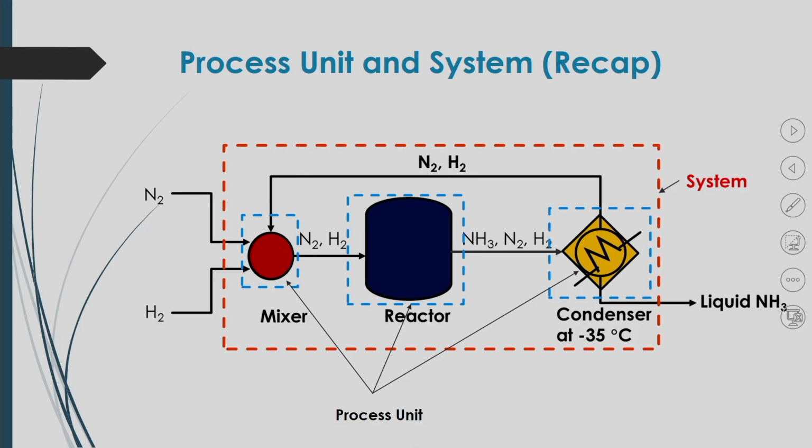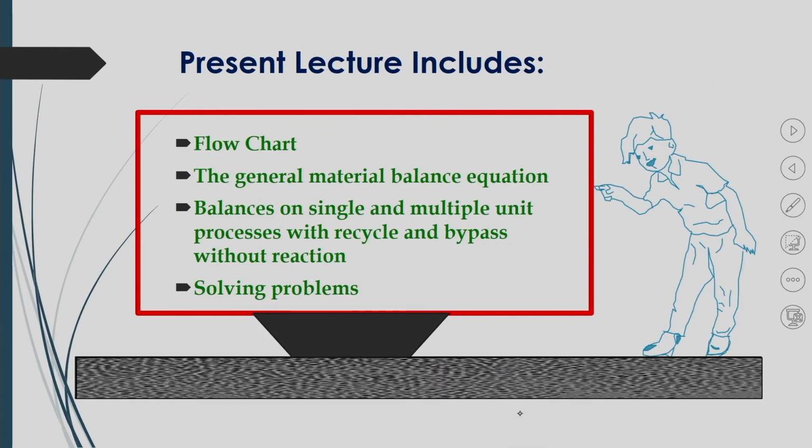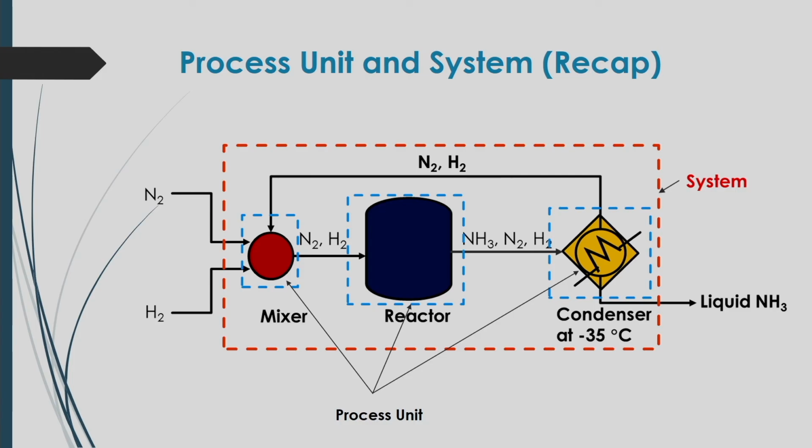In each unit you have to do a material balance: what amount of material is coming in and what is going out, and what amount goes into the next unit from the previous unit. Then you assess the second unit, the reactor, again based on the material balance equation, with its input and output.